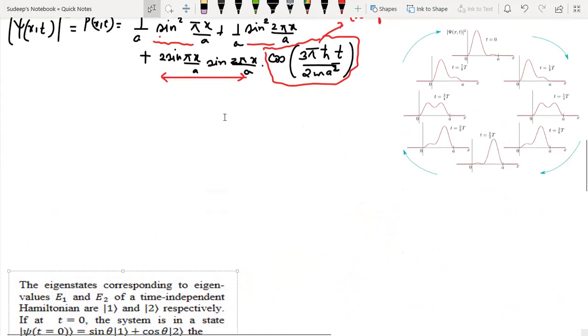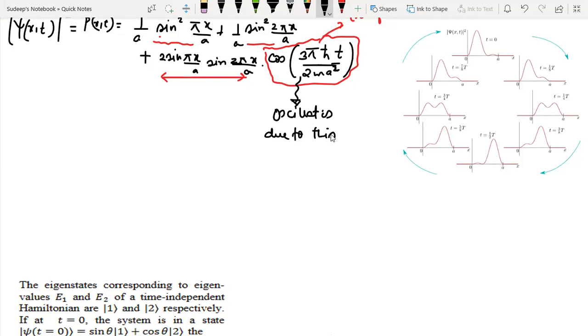So this particular spatial term depends on time and oscillates due to this interference term, which I'm referring to.